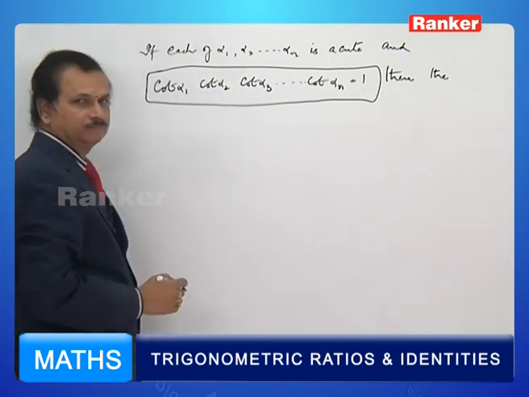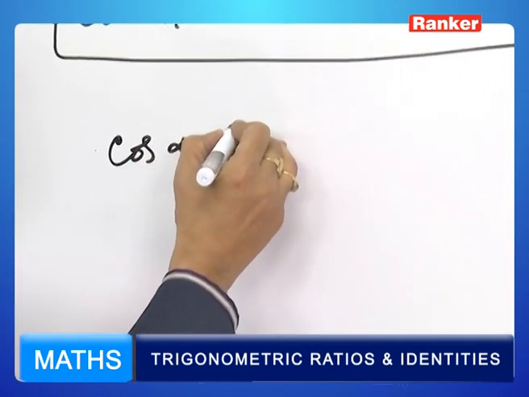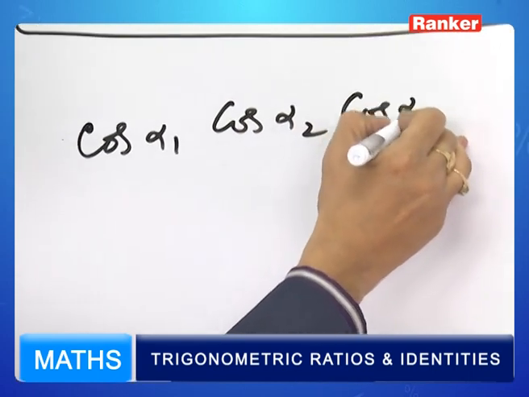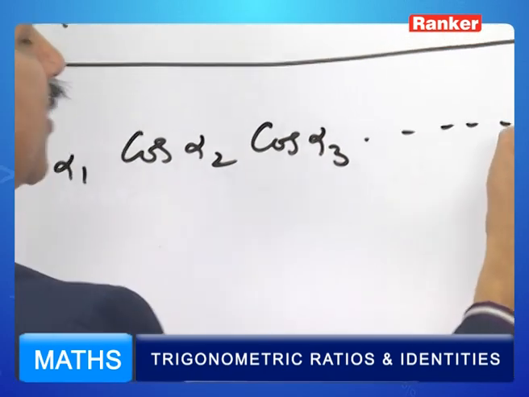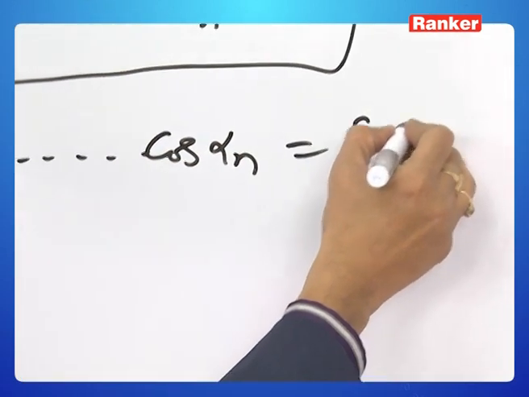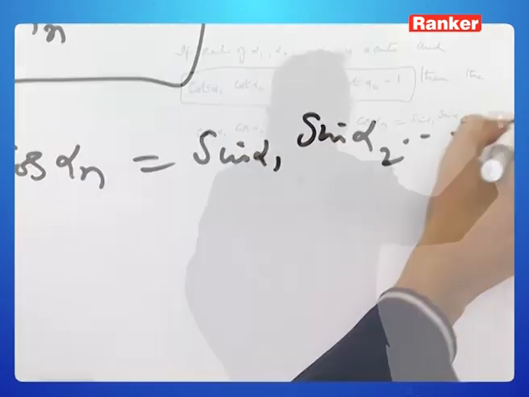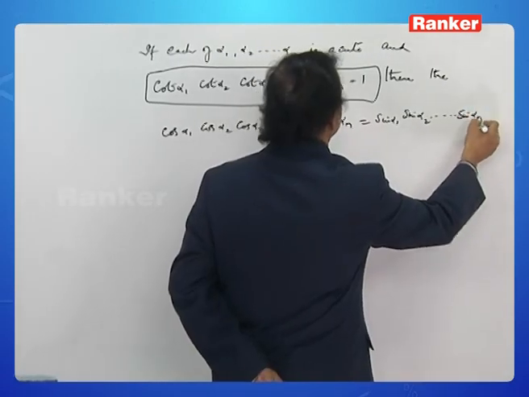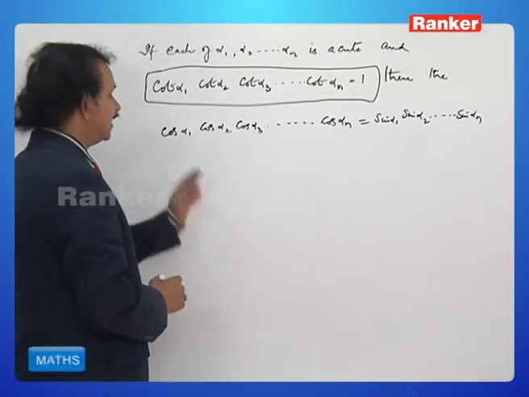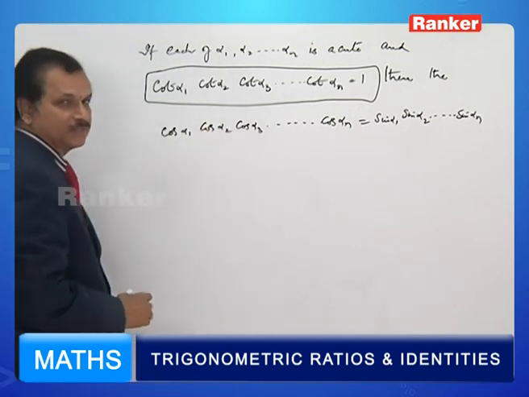This has been given. From this we have cos alpha 1 into cos alpha 2 into cos alpha 3 into cos alpha 4 into etc. cos alpha n is equal to sin alpha 1 into sin alpha 2 into etc. sin alpha n. Now multiply both sides by cos alpha 1 into cos alpha 2 into etc. cos alpha n. What happens?